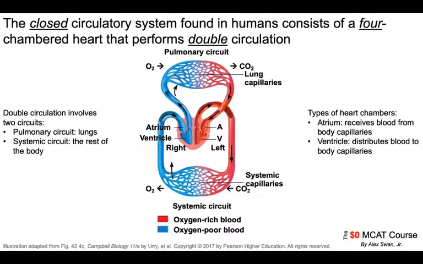Double circulation refers to the fact that the blood in the heart will move around through two circuits: first, the so-called pulmonary circuit, and then the so-called systemic circuit, before it returns back to the heart. So that's what double circulation means.